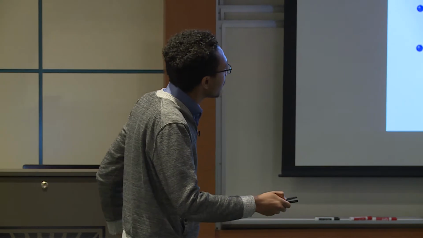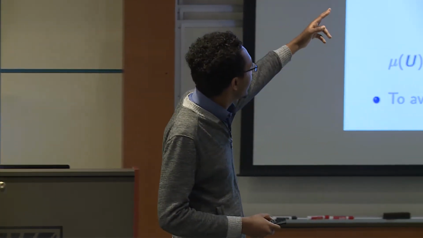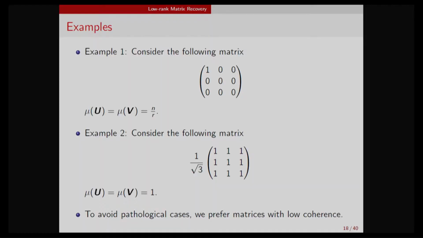Okay? So let me illustrate this by an example. If I give you the first matrix, unless you see all the entry, there is no way to recover this matrix, right? Because everything is 0. So in this case, the coherence of this matrix is the maximum, and it's a pathological example. So I cannot expect this matrix completion procedure to recover this matrix unless it is the whole thing.